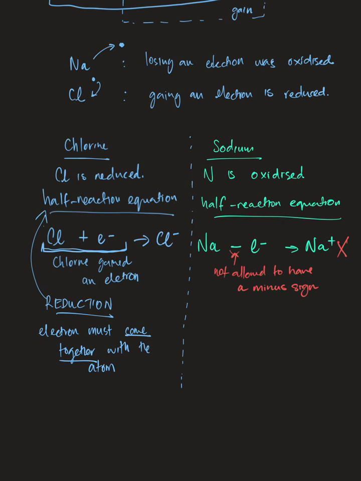All right. So what we need to understand is that in oxidation, an electron must leave. So if I have Na, how do I get this to be neutral? I need to have an ion, Na plus, and added to that ion, I need to have an electron.